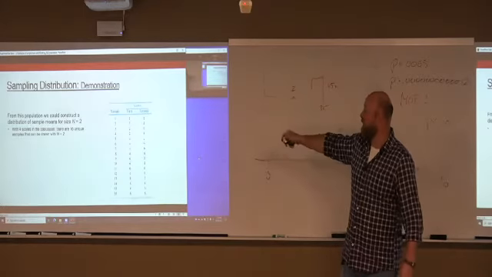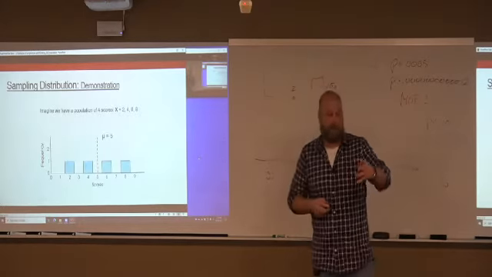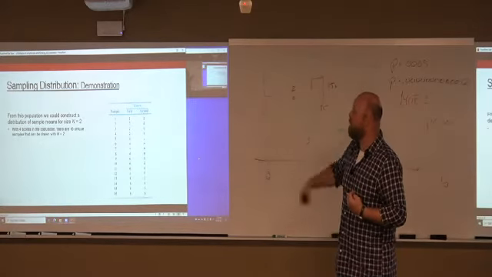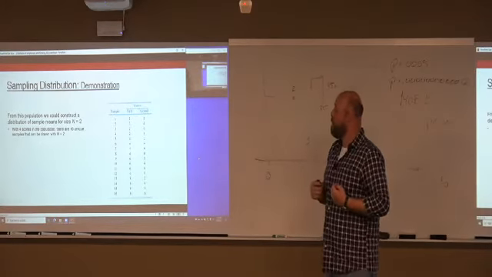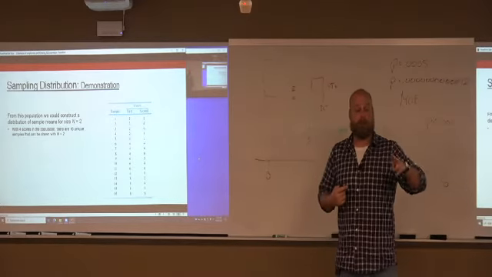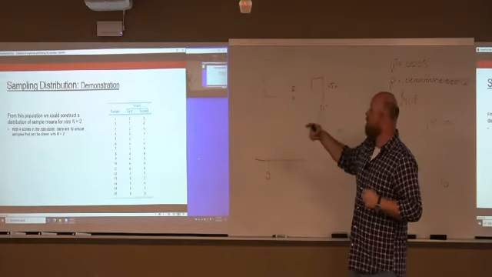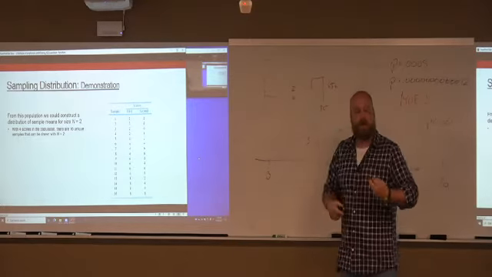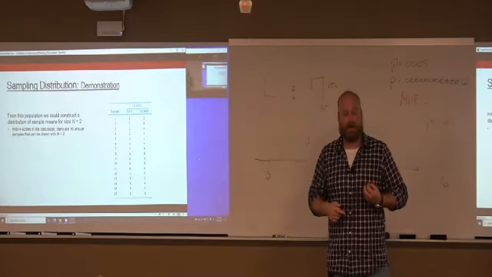Good work. All right. So we've got 4 scores. What I could do is, from this population of 4, construct a distribution of sample means of sample size 2. With these 4 scores, there are 16 unique samples that I could draw from that population with replacement.